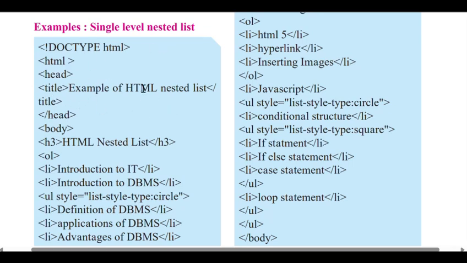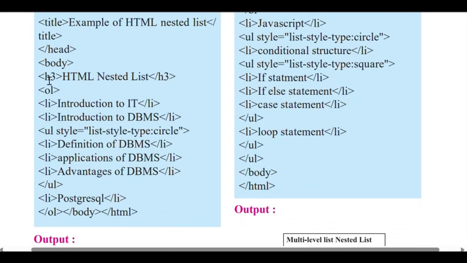Single level nested list. The first example is Doctype HTML, head, title, examples of HTML nested list, title close, head close, opening body. Under body we are using heading 3, HTML nested list, which will be displayed on the web page. After that we are starting the OL tag, that is the ordered list. Under the ordered list we are taking list items: introduction to IT, introduction to DBMS, list close.